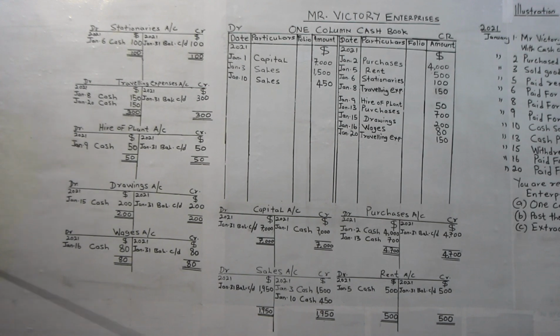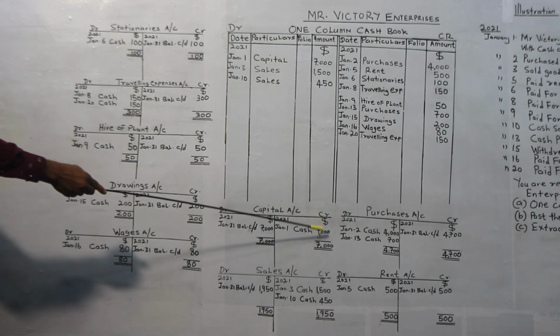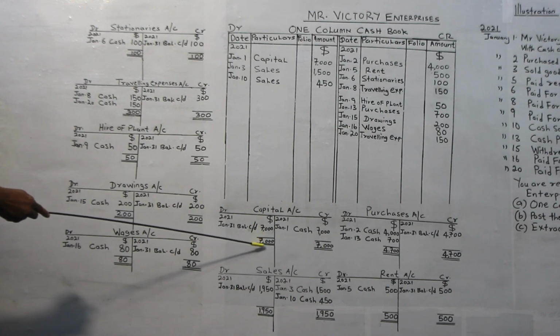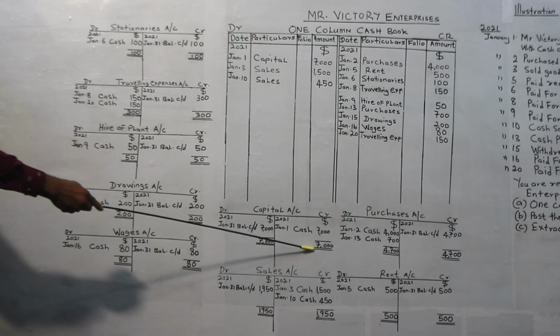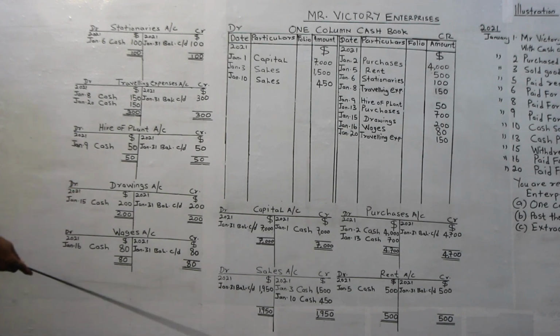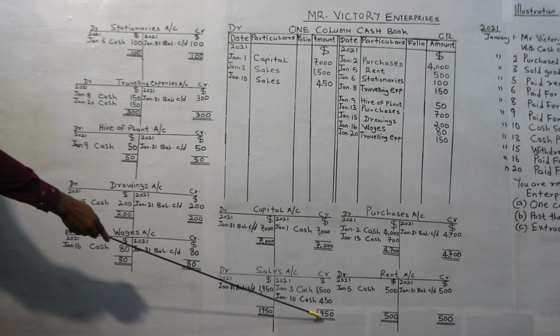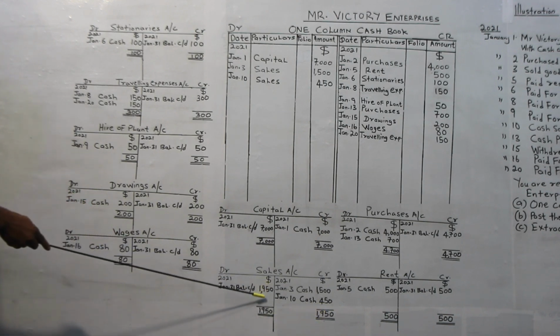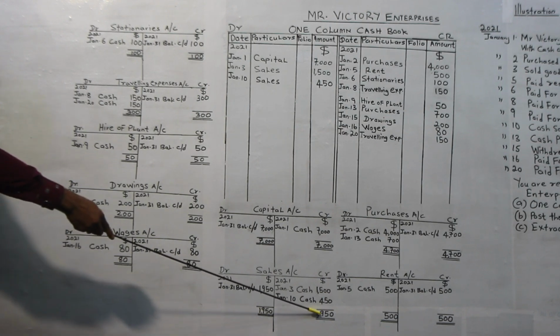We do it for the whole account. The capital account is 7,000, we bring it down. We still bring down the balance carried down 7,000 and rule across. Double lines to end the lines or shaded line. We have the sales account. The total is 1,950. We bring it down. And also bring down the balance carried down on the same line.